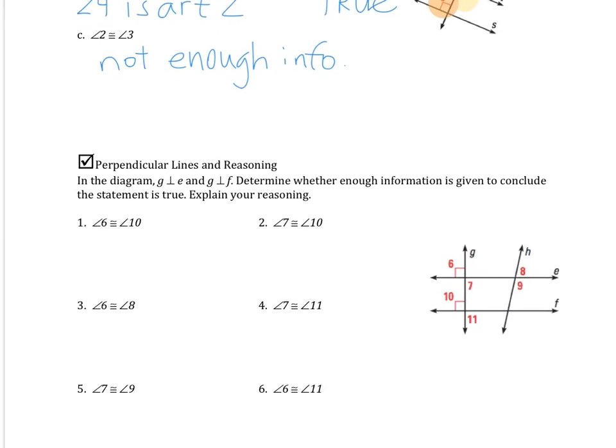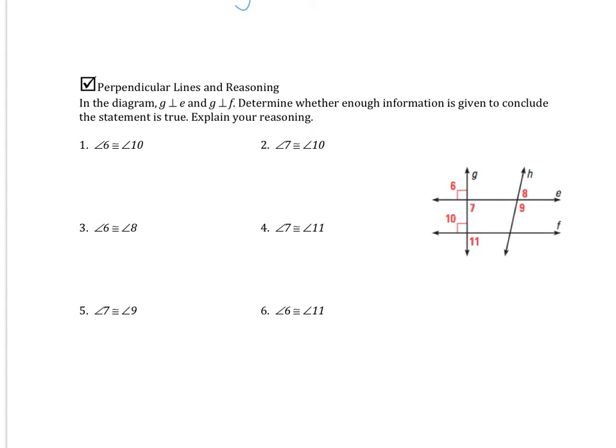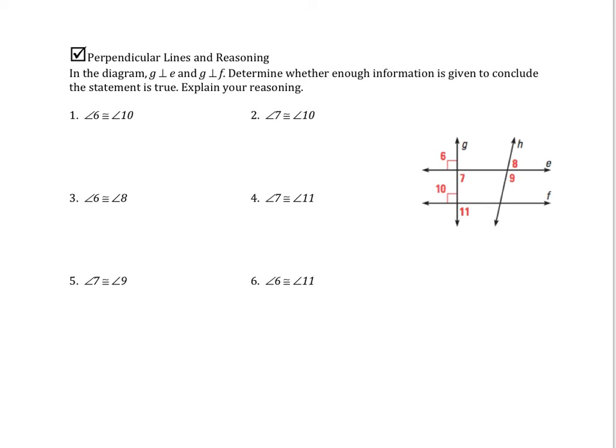Okay, you should pause the video and see if you can figure out whether there's enough information given to conclude that the statement is true, and then use what you know about perpendicular lines forming 4 right angles and that all right angles are congruent to give your reasoning. Pause the video. As you're watching, I'm not going to explain as much. I'm just going to write, so you just want to watch and see if you agree, and if you have any questions, make sure you ask in class.